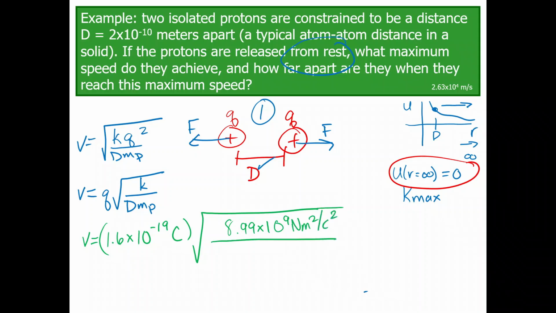My distance is 2 times 10 to the negative 10th meters. And the mass of my proton, which is on the formula sheet, is 1.67 times 10 to the negative 27th kilograms.